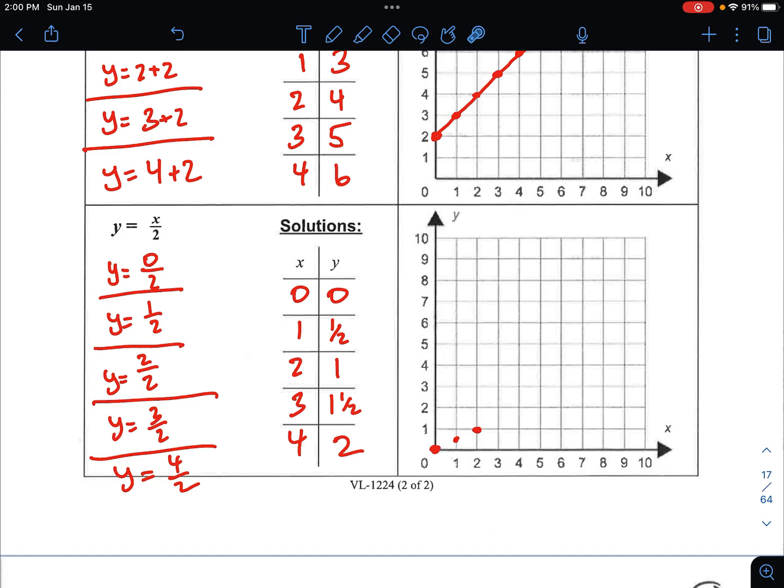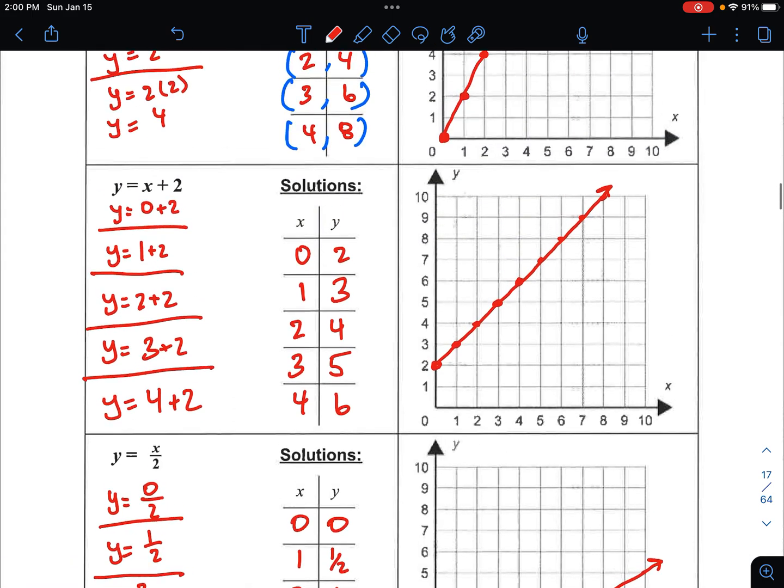So not quite at 2, but 1.5 right there. And then 4 and 2 would be right over here. And again, you may see a pattern, which is like, oh, it goes up by a half for the y each time. And if you wanted to, you can draw a line going straight through all of these.